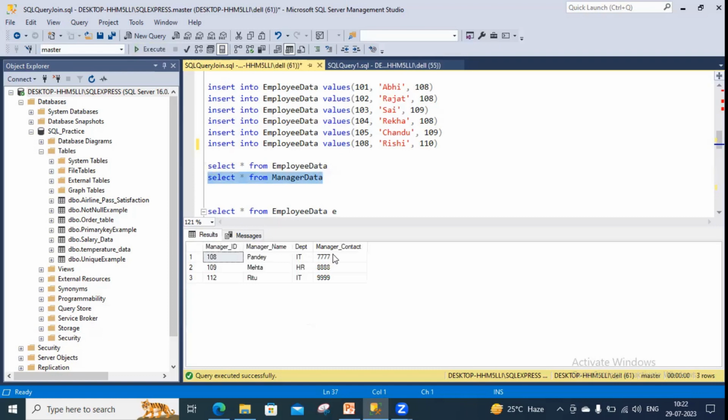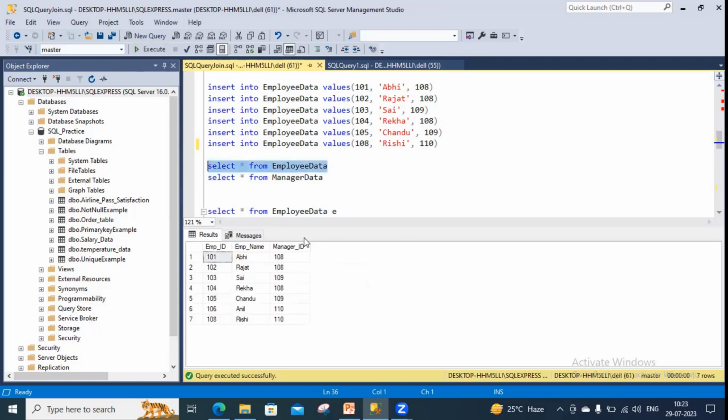So by default we have created the id which is actually acting as a primary key, although we have not defined it as a primary key. What are the conditions of primary key? It should be unique, right? Employee ID is unique, there is no duplicacy. And primary key should not be null, so yes, there is no null.